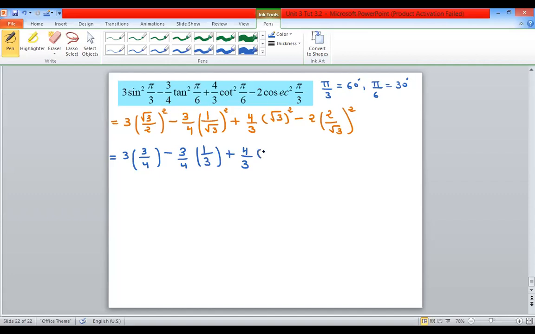Square root and square cancel. Here, it's 4 by 3. First of all, you can cut wherever possible. Here, look, 3 to 3 cut. Here again, 3 to 3 cut. Just write down the remaining terms.